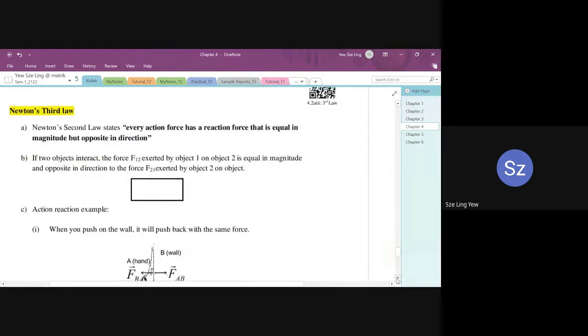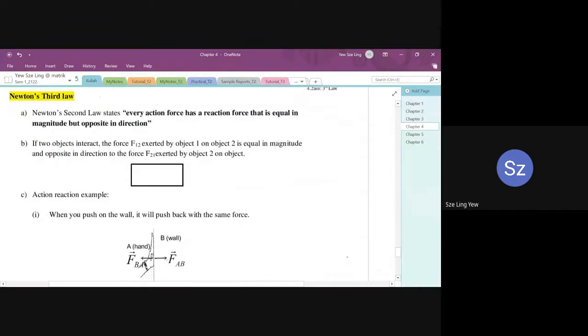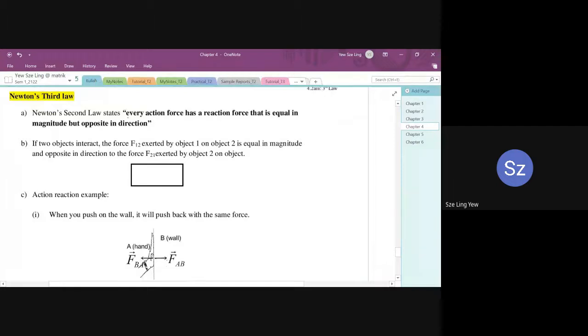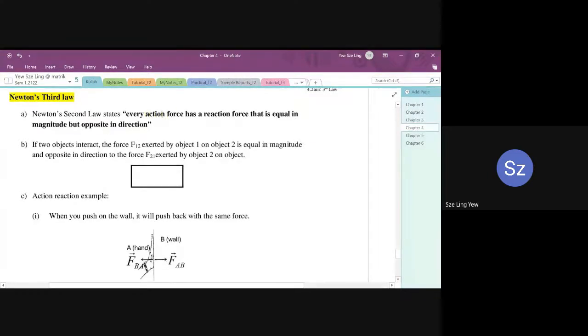Now let's look at the last page of your notes. Newton's third law. What does it mean? It means every action force. Now, I want you to highlight keywords, because sometimes the question will ask you to explain what is going on, and you have to explain by using words. So in your explanation, the terms that you must have are action force.